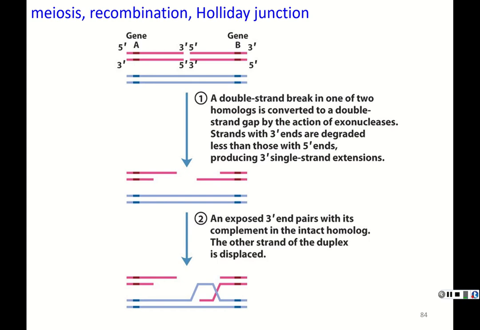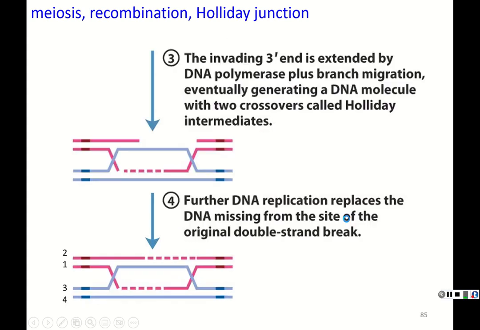homologous recombination. Okay. And specifically what's happening is on one strand you can get a cut, and then an exonuclease can kind of remove some of those base pairs, and that gives you these overhanging ends, which then can be recombined with the homologous DNA sequences in the other chromosome.